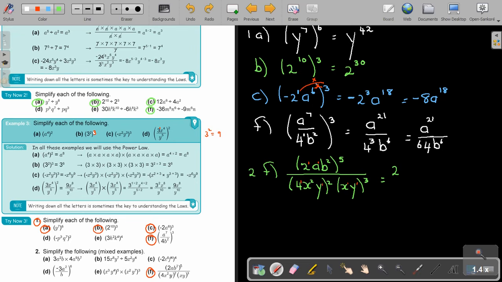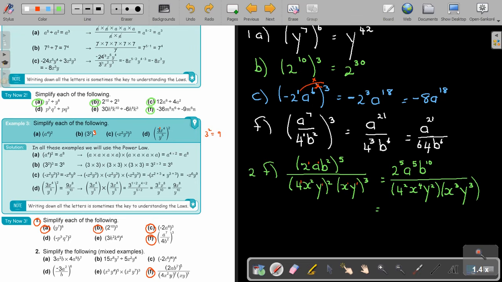So then it's 2 to the power of 5, a to the power of 5, b to the power of 10. This will be 4 to the power of 2, x to the power of 4, y to the power of 2, x to the power of 3, y to the power of 3. Now I must first multiply.